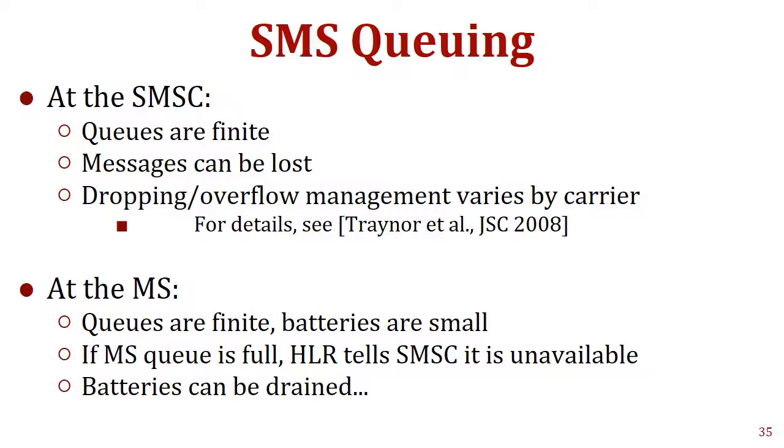They always try to propose a good protocol so that you don't lose lots of messages, so that you are still happy with their services. And the mobile station queue is also finite, and batteries are small. If the message queue is full, the HLR tells the short message service center the device is unavailable, and the battery can be drained. So remember that the battery of the mobile station can be drained.